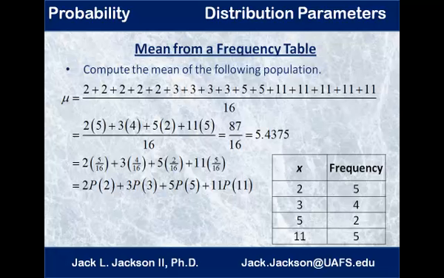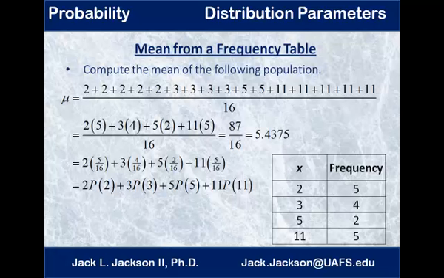If we took these 16 numbers and wrote them down on 16 different pieces of paper, put them in an urn or a hat and shook them up and randomly pulled out one, what's the probability that we'll pull out a 2? That should be 5/16. Or the probability of a 3? That would be 4/16.